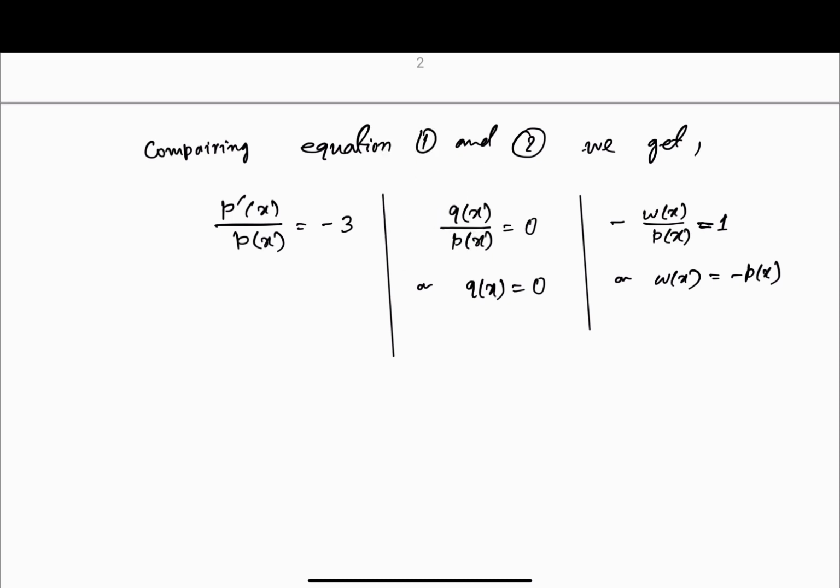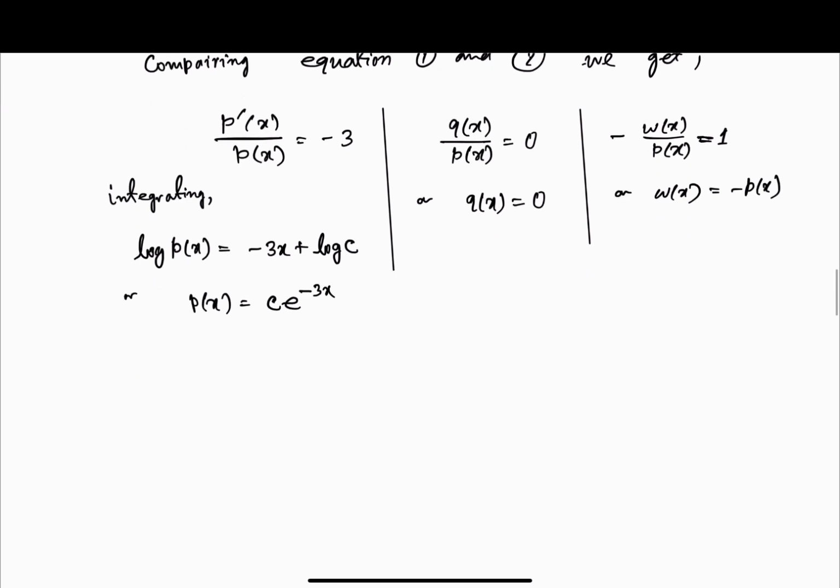If you integrate, you will get log of p(x) equals minus 3x plus a constant, let me write this constant as log c. So therefore you will get p(x) to be c e to the power minus 3x, right?